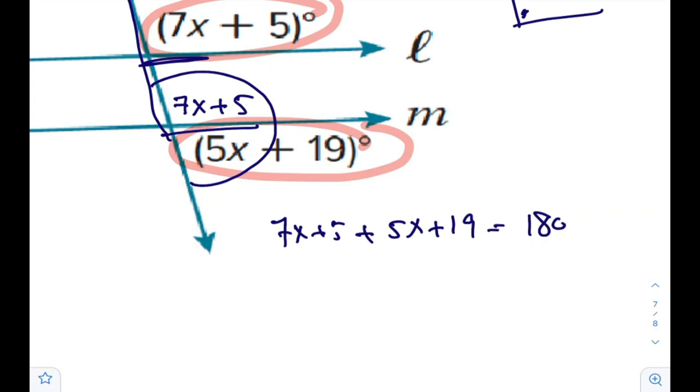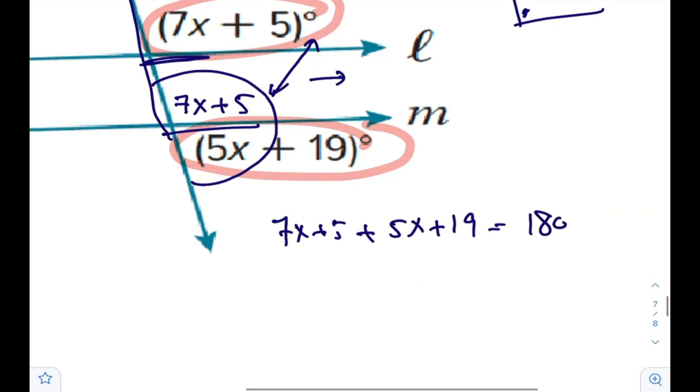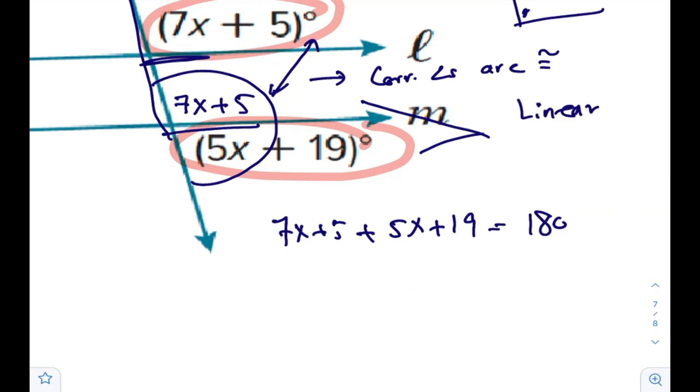So we have used here two theorems. This one is corresponding angles are congruent. And then here, this is the linear pair theorem. As you see, the linear pair theorem does not depend on whether the lines are parallel or not.